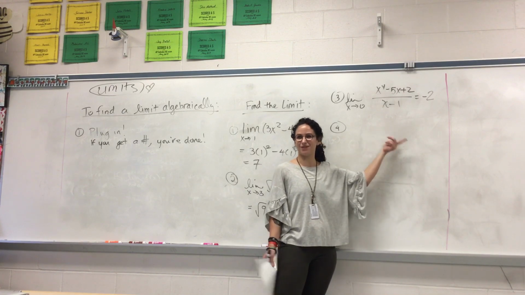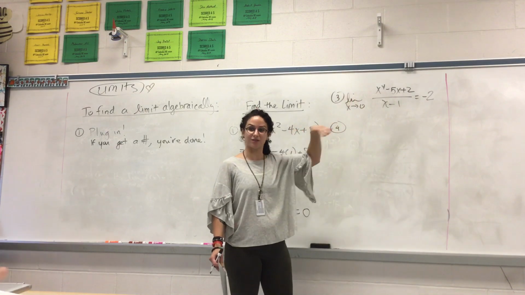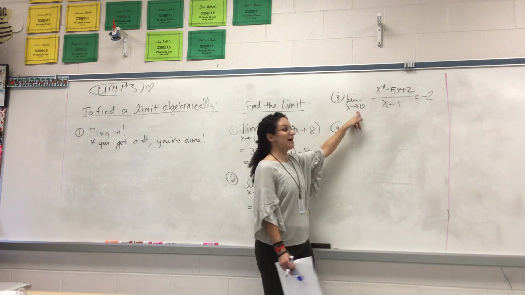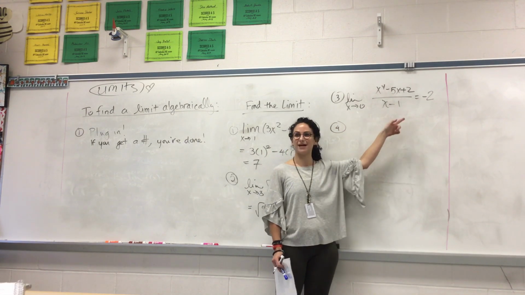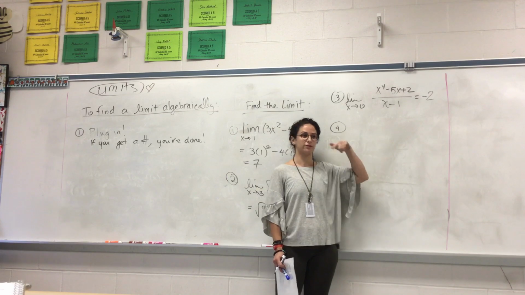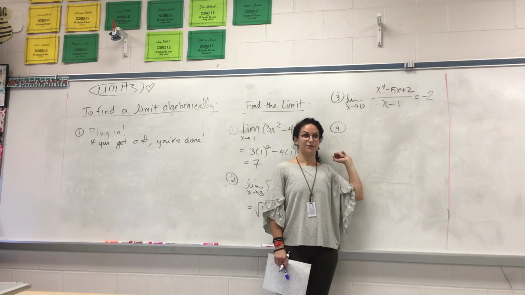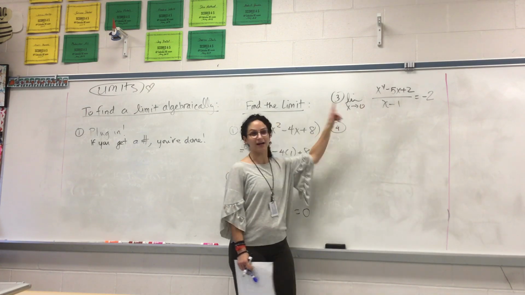Because that's where the denominator is 0, right? It's not a 0 for the numerator, it's just a 0 for the denominator. So I have an asymptote at x equals 1, but if I approach 0, that has nothing to do with the asymptote at x equals 1. How many points are there between 0 and 1 on this graph? Infinitely many points. Yes. So something weird happening at 1 is not going to affect a limit at 0.